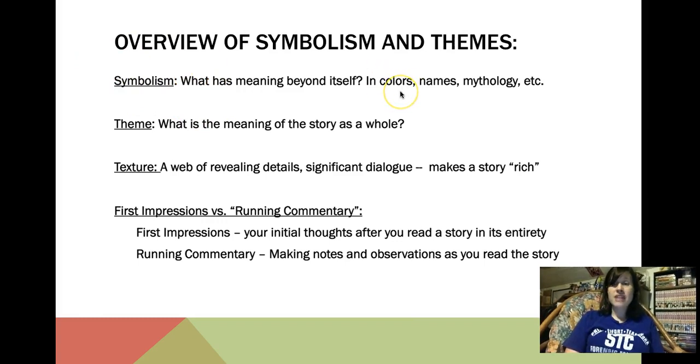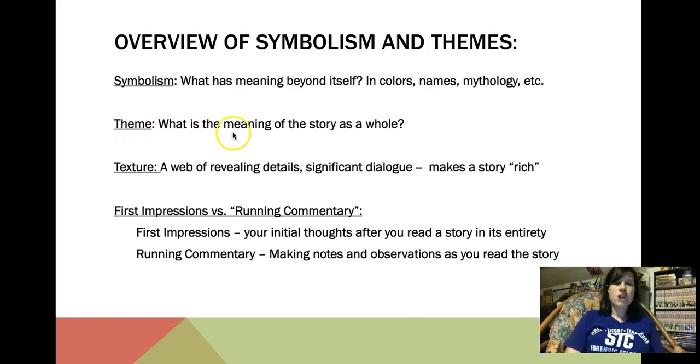And colors have a very huge symbolic effect depending on your culture, depending on your region, names, mythology, etc. We'll go over more when we get to the symbolism chapter, but authors can use a lot of these little symbols throughout their stories to help give their works more meaning, more context, and help give readers a better connection to the characters in the story. Like I said, we'll talk more about that later.